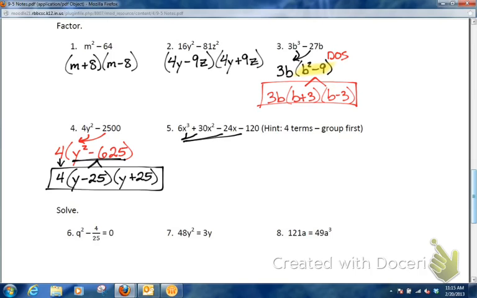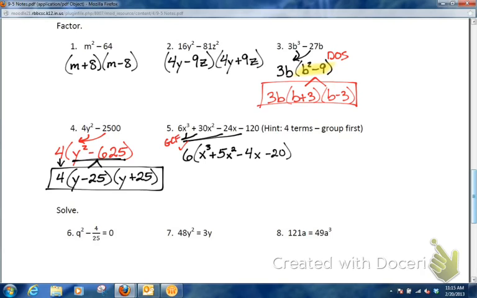So I'm going to start this problem out by factoring out a 6, leaving me with x to the third plus 5x squared minus 4x minus 20. So, took care of my GCF, which again should always be the first thing you look for.